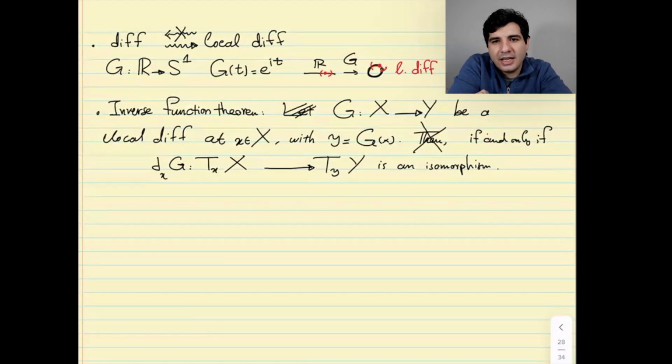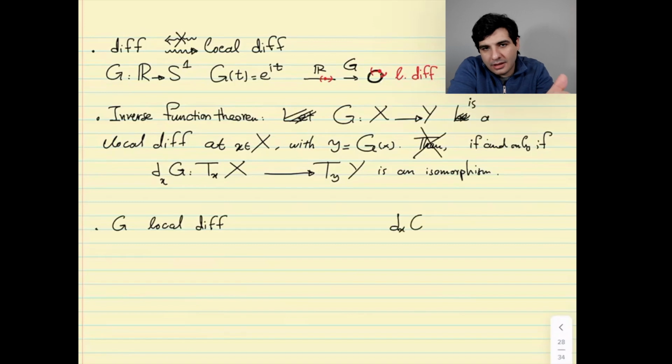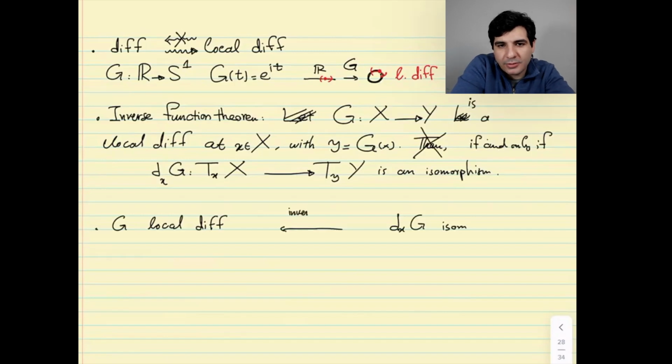Let's say G is just a smooth map. It's a local diffeomorphism if and only if its derivative is an isomorphism. Great. So using the inverse function theorem, checking for a local diffeomorphism reduces to just checking that the derivative is an isomorphism.